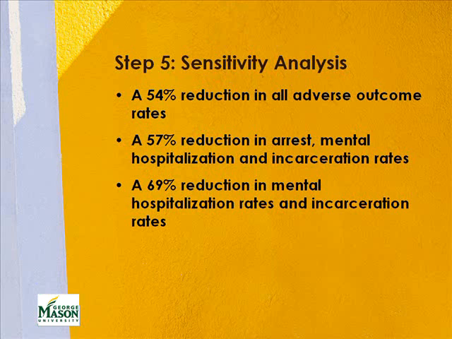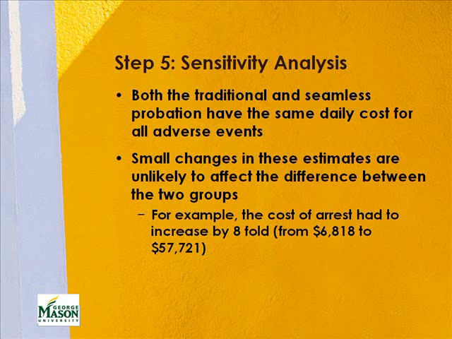The sensitivity of conclusions to changes in any one of the estimated daily costs was also examined. Note that both the traditional and seamless probation have the same daily cost for all adverse events, and therefore small changes in these estimates are unlikely to affect the differences between the two groups. For example, the daily cost of arrest is the same for both seamless and traditional probation.